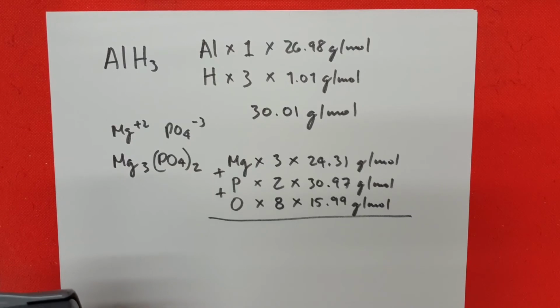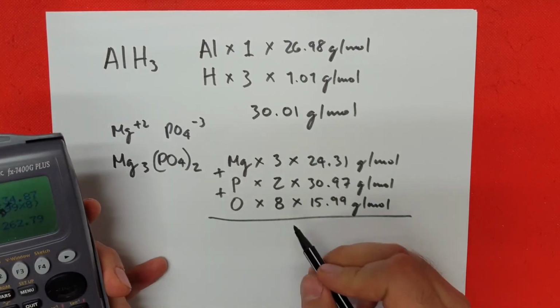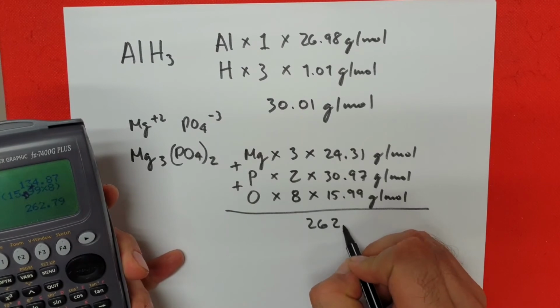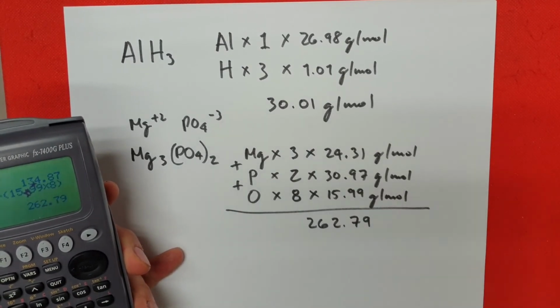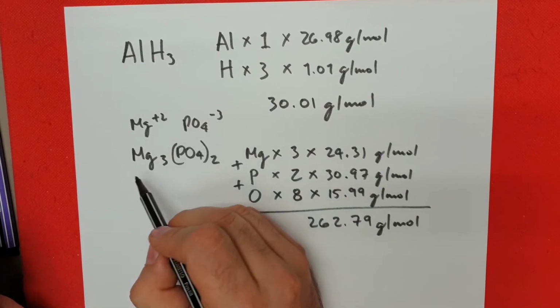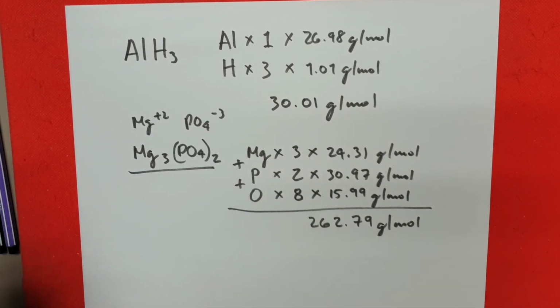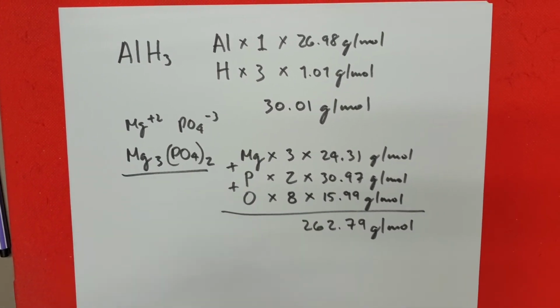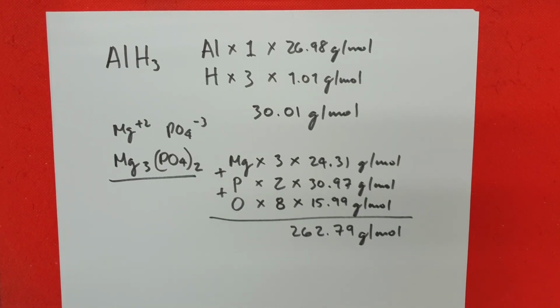And then we add the 15.99 times 8. And if you punched everything right into your calculator, you're going to get 262.79 grams per mole, which is the specific molar mass for magnesium phosphate. So we can do many other exercises, but really the actual trick of this is in the counting, okay?